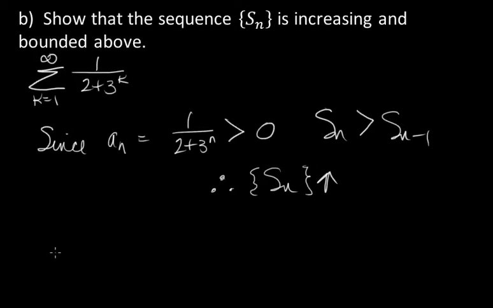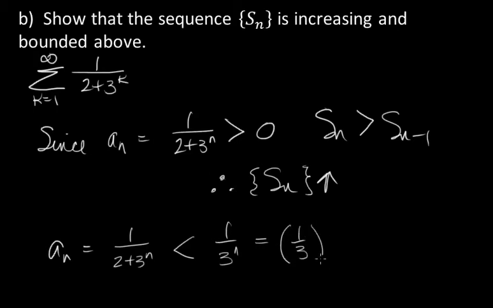We also know that a sub n, which is 1 over 2 plus 3 to the n, is less than 1 over 3 to the n, which is 1/3 to the n. And we know that that is the nth term of a geometric series that converges.